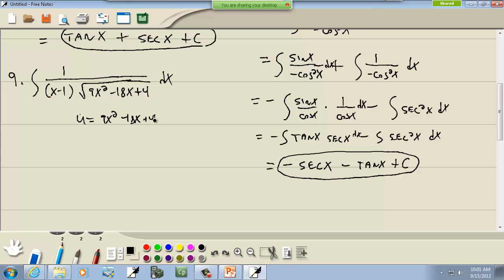With u equal to 9x squared minus 18x plus 4, du would equal 18x minus 18. I can factor that out. Okay, it gives us an x minus 1, but doesn't give us an x minus 1 downstairs. So it doesn't work. Didn't think it did. Pretty much, if you set u equal to a radical, and it has anything beyond just giving you a simple number when you take the derivative, you have to have x's up on top.